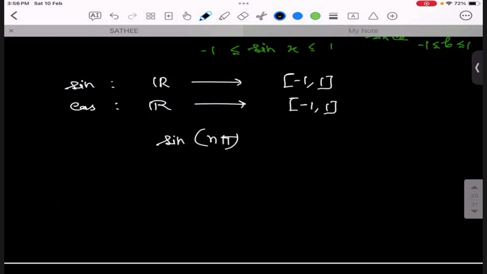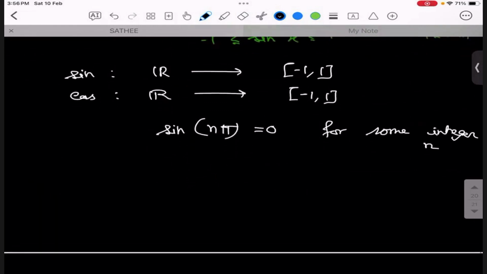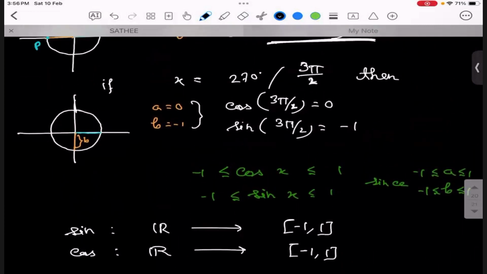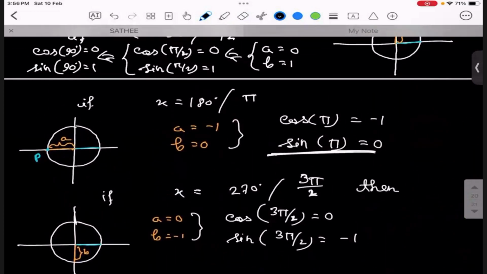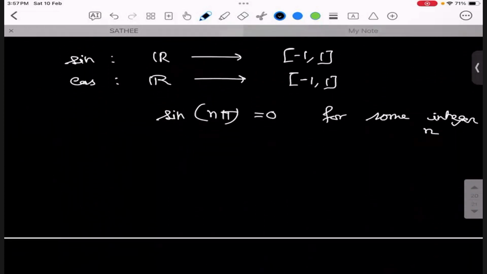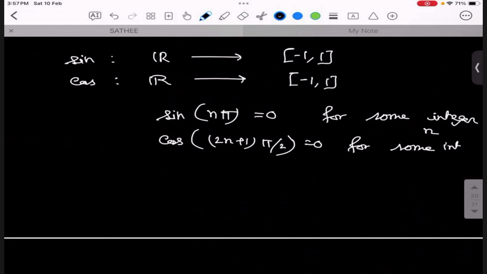So from here, one can say that sine n pi equals 0 for all integers n. Similarly, if one observes carefully, then one can see that cos of (2n plus 1) pi by 2 equals 0 for all integers n.